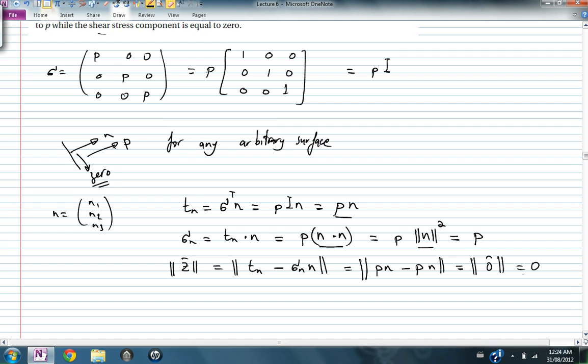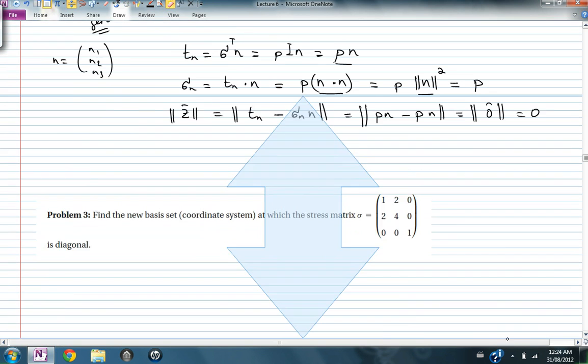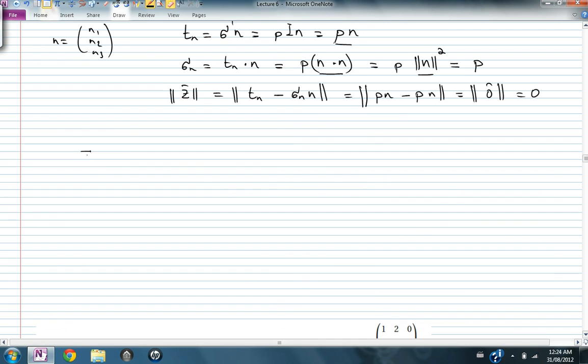So what does this mean? It means if you go down in the ocean and you put a piece of metal, this piece of metal is under P from all directions.